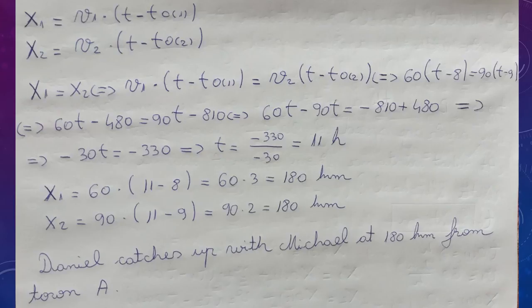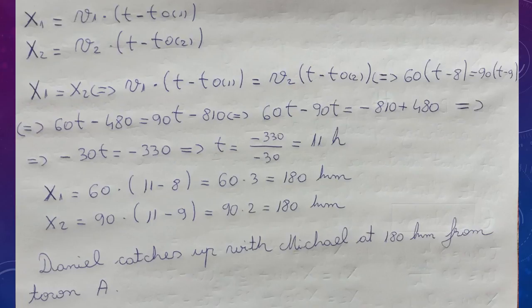Now, by substituting the values we know, v1, v2, x01, x02 in the laws of motion, and the value of t we found, we obtain that x1 equals 60 times (11 minus 8), which is equal to 60 times 3, which is equal to 180 kilometers.